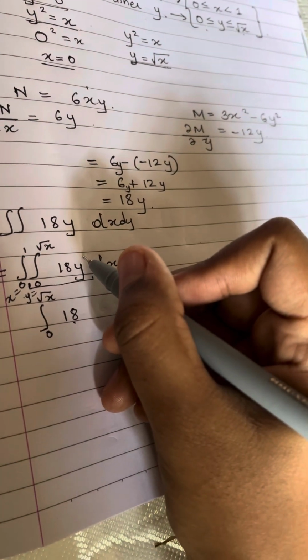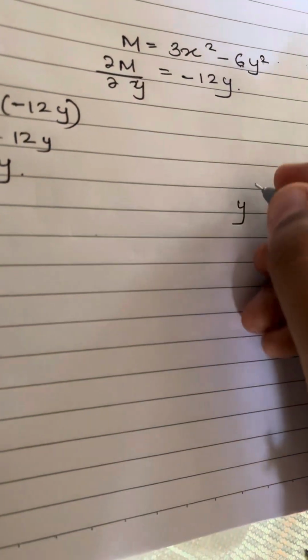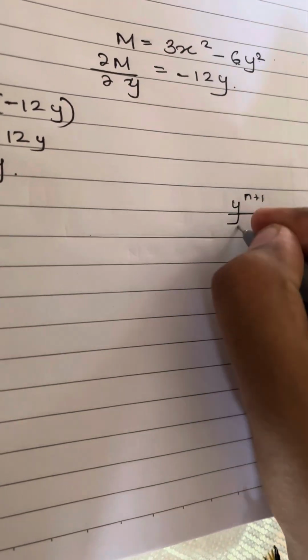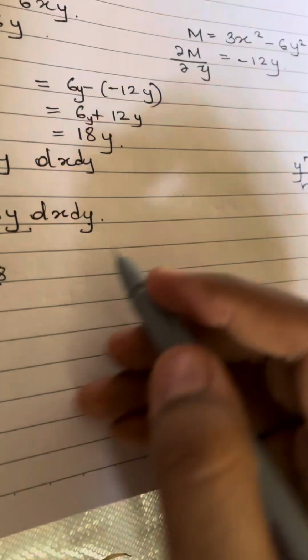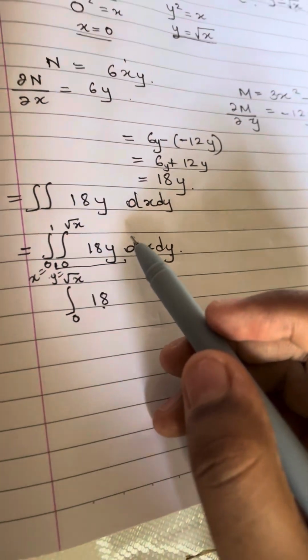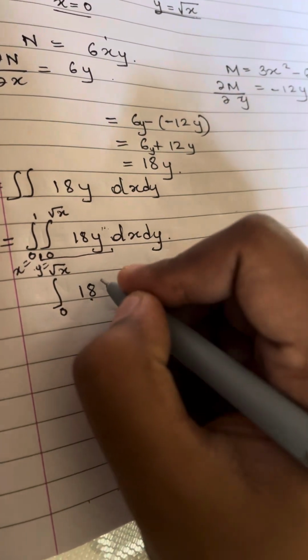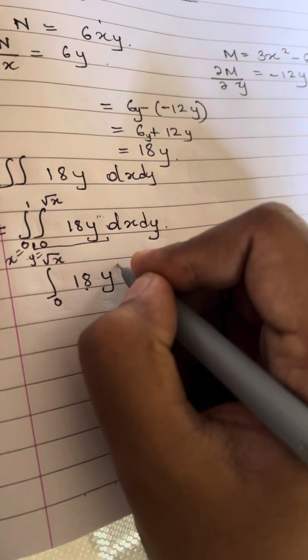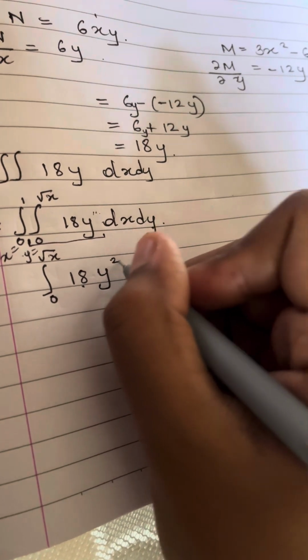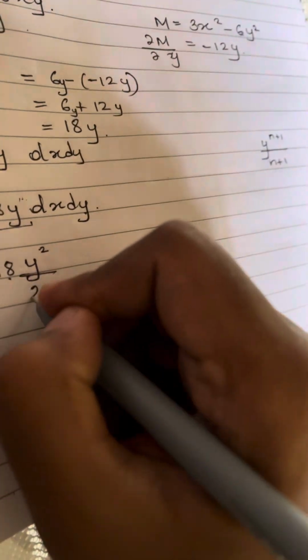Here you all have to remember this formula, 1 upon n plus 1. Now here there's no power of y, so we consider it as 1. So 1 plus 1 will give you 2, so y square upon 2.